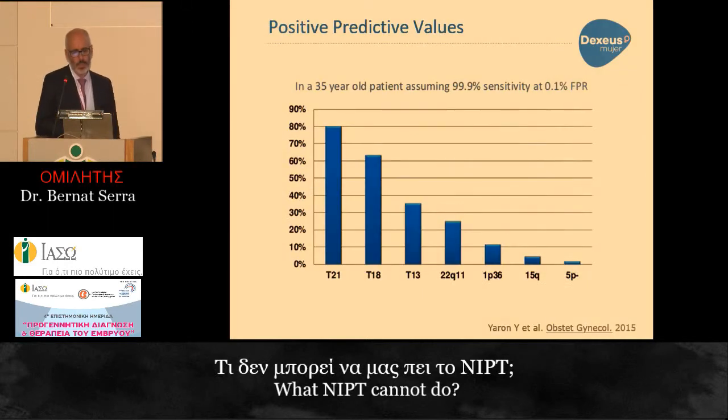And this is a slide showing the positive predictive value of NIPT for different trisomies. Trisomy 21 almost 80%, trisomy 18 16%, and trisomy 13 only 30%. So if the NIPT tells you that there is a trisomy 13 and you have an absolutely normal ultrasound, then most likely the fetus will not have a trisomy 13.